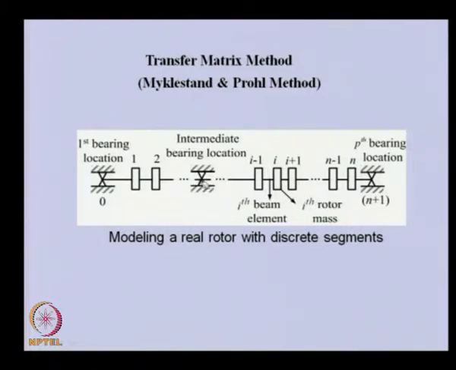To tackle that, we will see through an example in a subsequent lecture how the supports can be taken care of if there are intermediate supports. This transfer matrix method is also called the Myklestad-Prohl method, because these two developed this method independently.